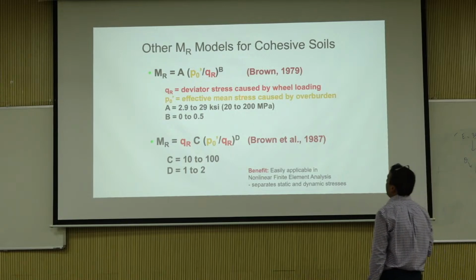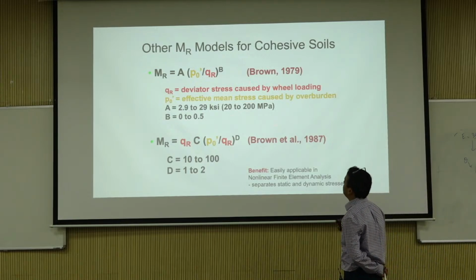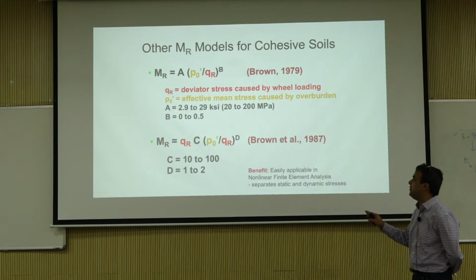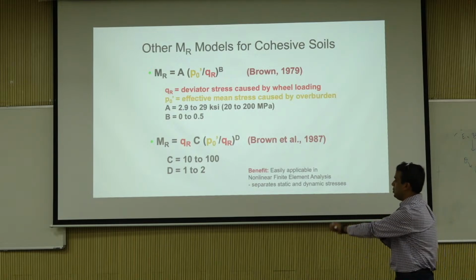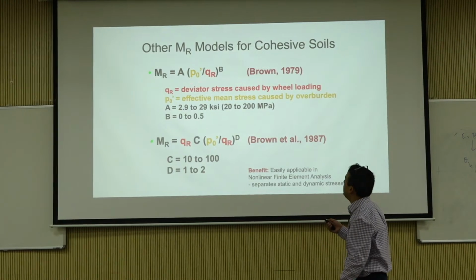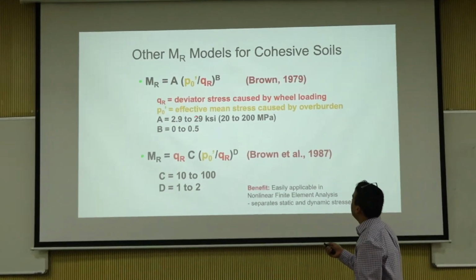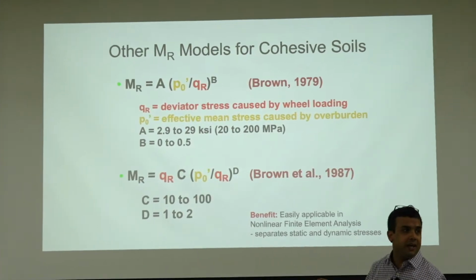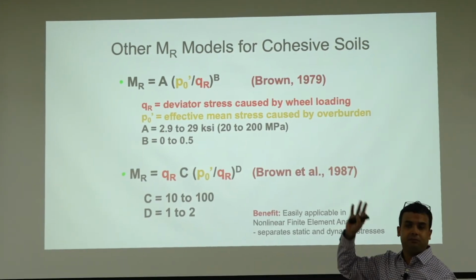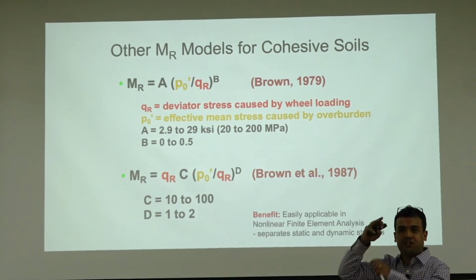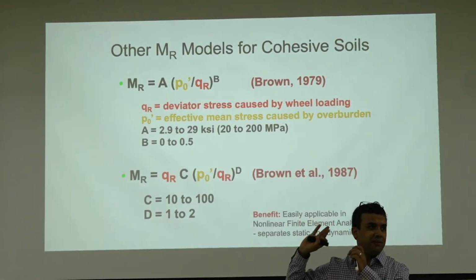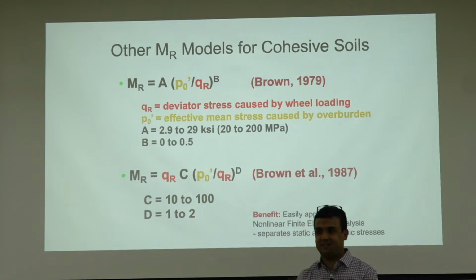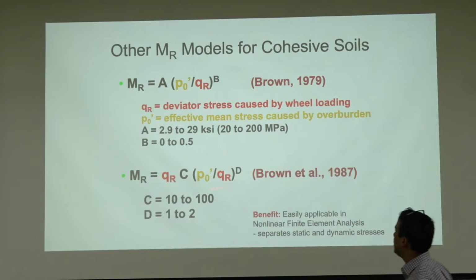Other MR models for cohesive soils, again we're going to skip through this very quickly because we're not going to use this. I want to get to the models that we are going to use so that we can spend some time on it. This is Brown's model. PQ, anybody from advanced geotech classes, stress paths and stuff like that, right? You have taken classes. We're not going to get into that. That's PQ models.